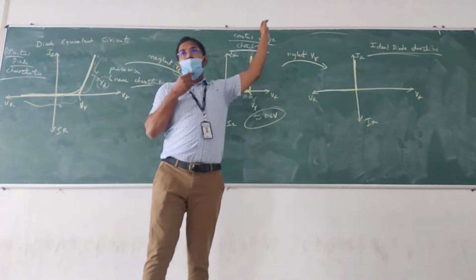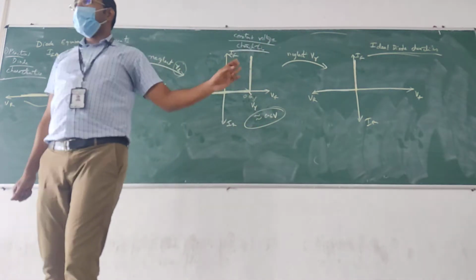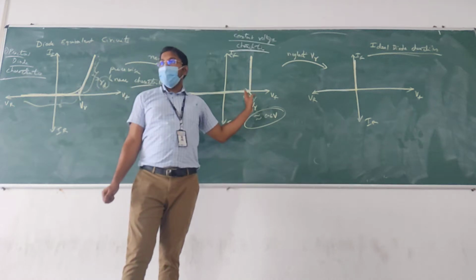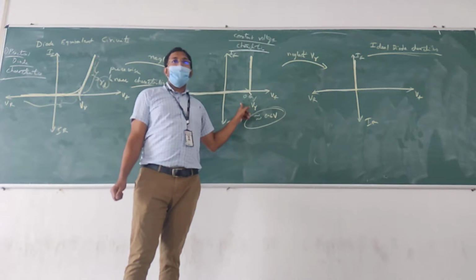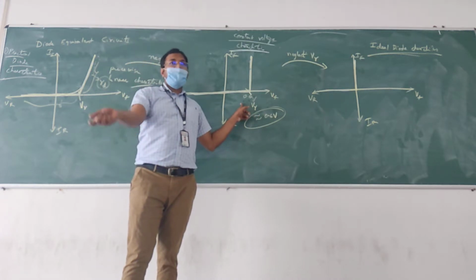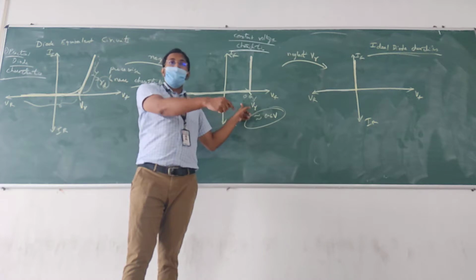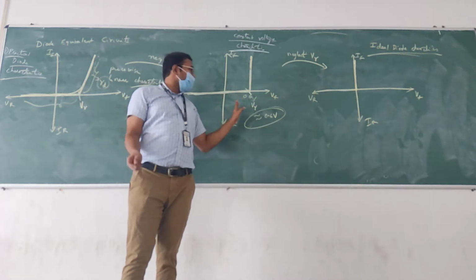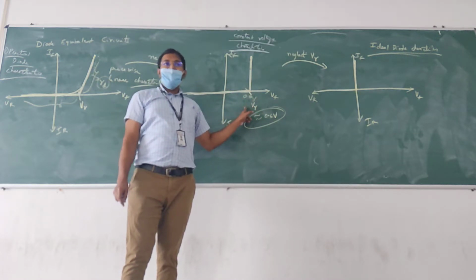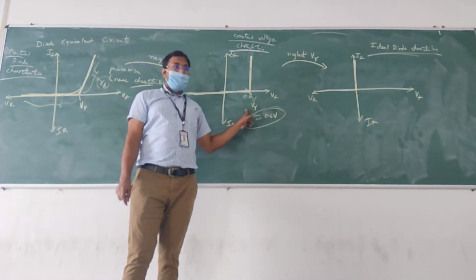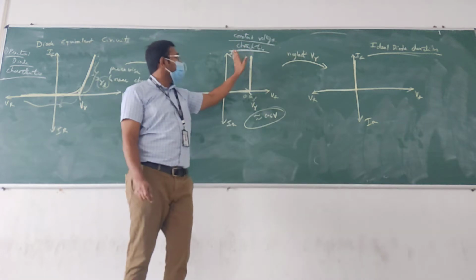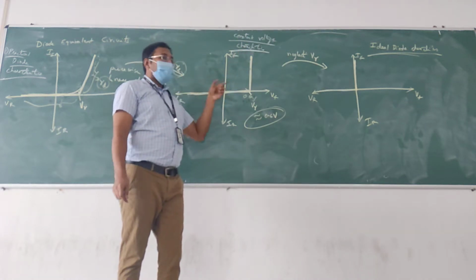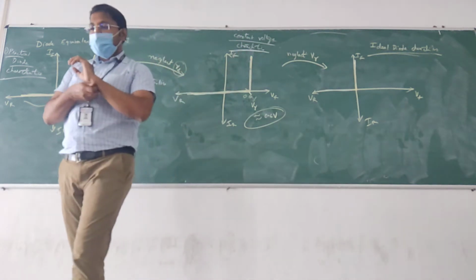When we travel along this path, the voltage we have is the same, which is the cut-in voltage. For example, I have given 0.6. It could be 0.65, 0.7. In theory, we will call it the cut-in voltage. Fine. So clear? Note all this.